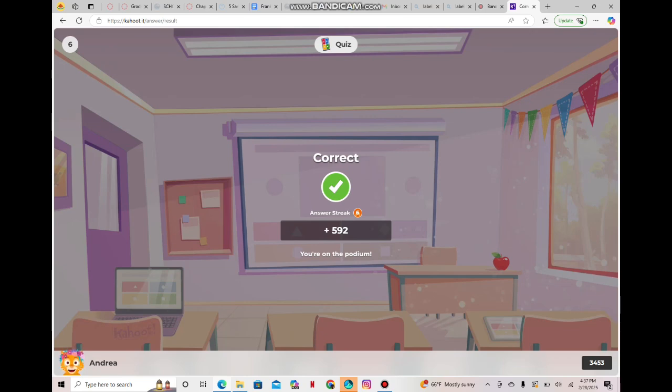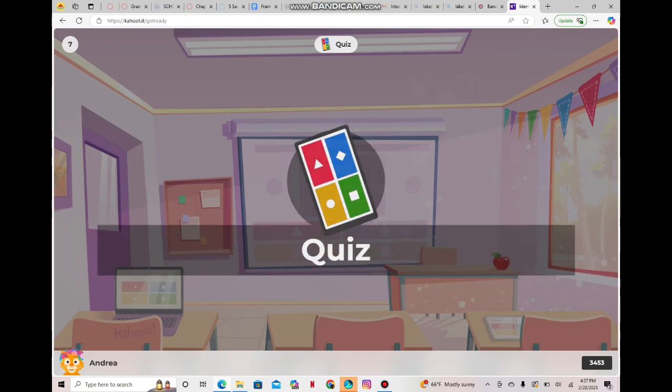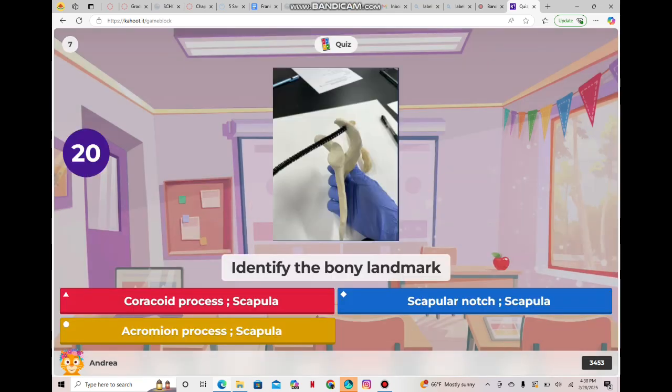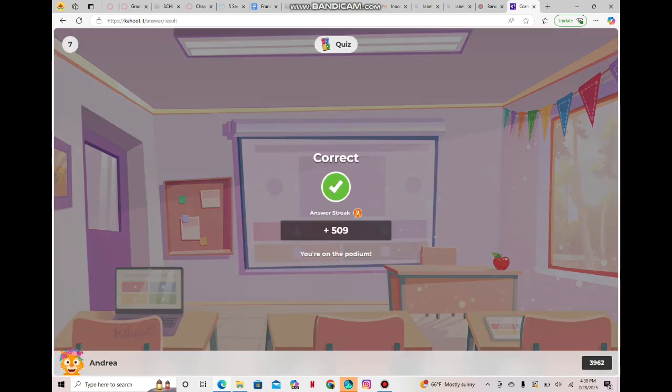And next question, we are moving on to question number 7 out of 16 questions, I believe. This one is the acromion process of the scapula, and I know this because I think of the first letter, A, which is above all and before all the other letters of the alphabet, so I think of it as the top one.